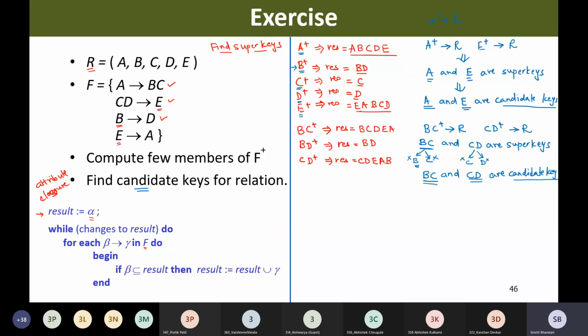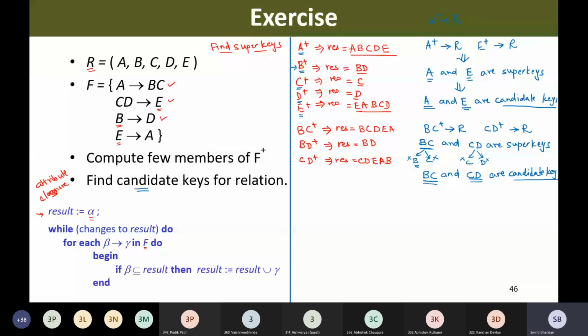Got it? Yes. Have you understood whatever we have done? Yes, ma'am. Fine. So this is the way how it is possible for us to find out the candidate keys of the relation.